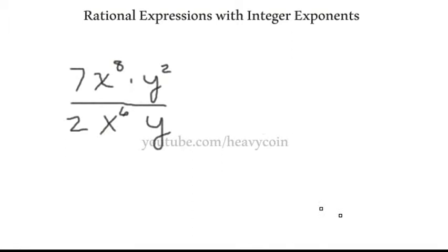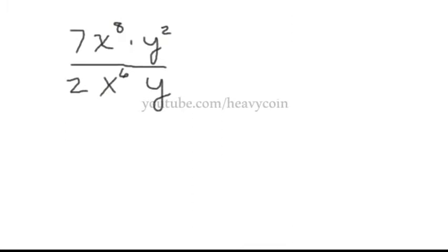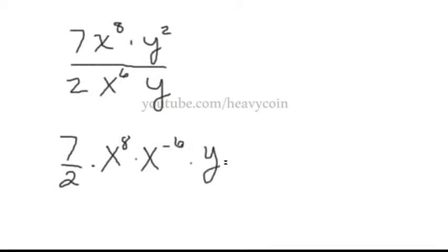Now I'm going to rewrite this 7 over 2 here and get it out of the way. We have x to the 8th times x to the negative 6. Now bringing this up into the numerator, change the sign, times y squared times y to the negative 1. I'm bringing this up into the numerator also.